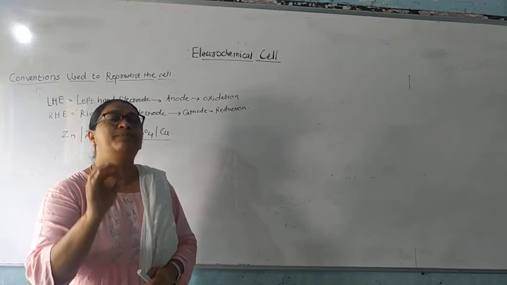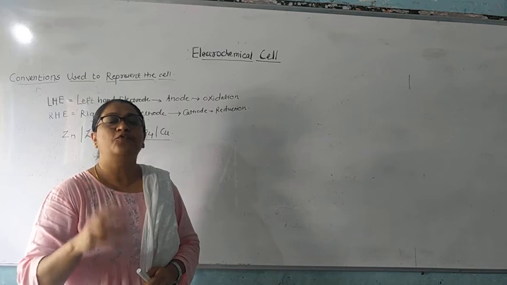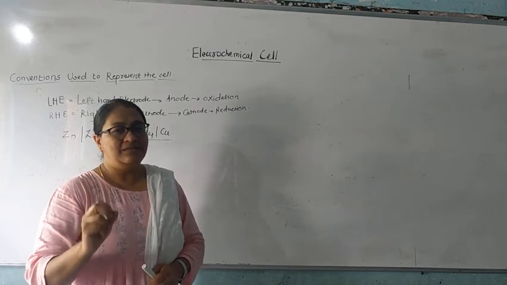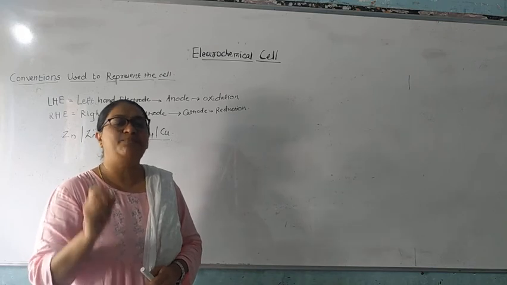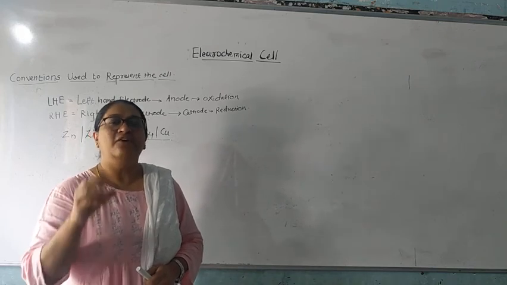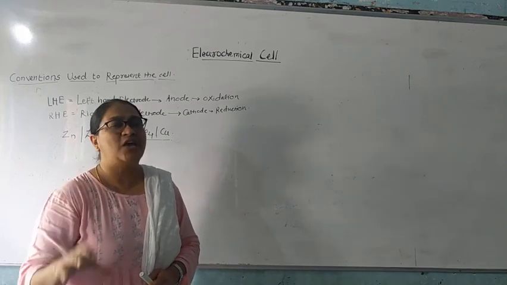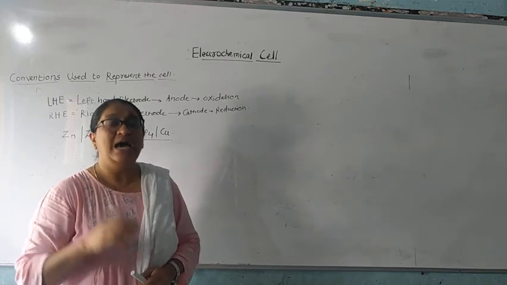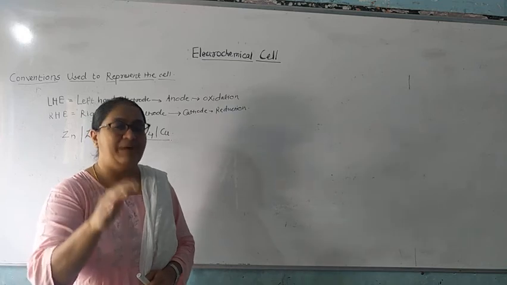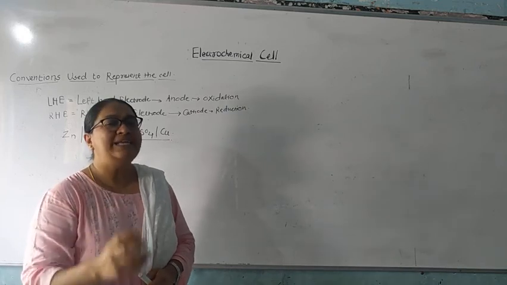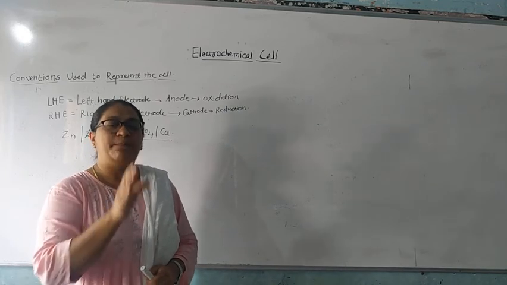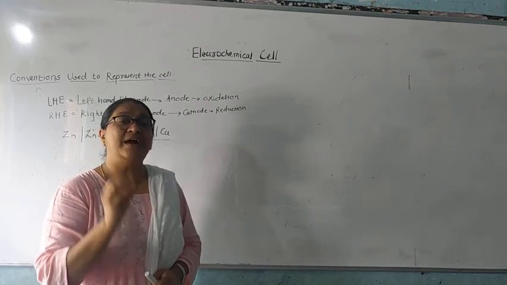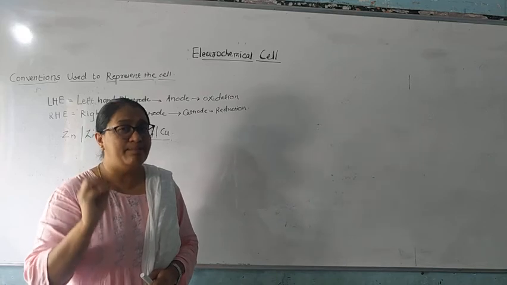Such an inert metal like platinum is used, and therefore how is the hydrogen electrode set up? A platinized platinum foil is taken, which is in contact with aqueous HCl solution, and on this platinum foil, hydrogen gas is bubbled. Now, platinized platinum means a platinum foil electroplated with fine particles of platinum black.